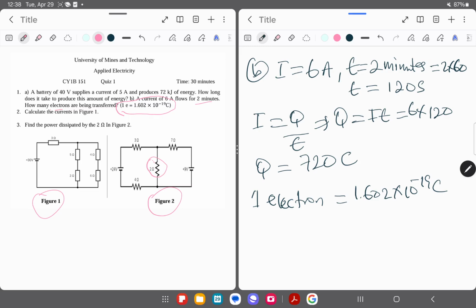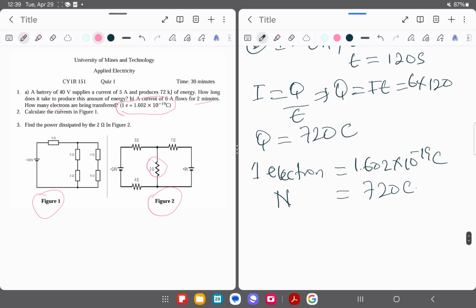So now if I have 720 coulombs of charge, what is going to be the number of electrons, right? Let me use n here to represent the number of electrons, or you can even use x, it doesn't matter.